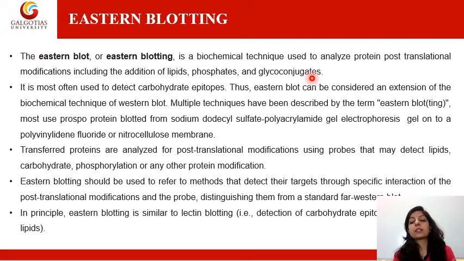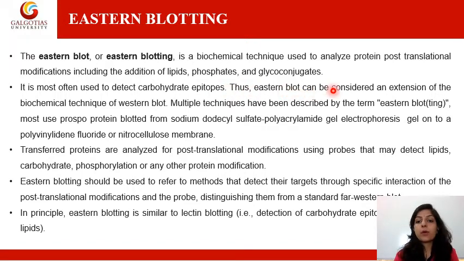The post-translational modifications are those that occur in the protein after translation. To analyze them, we perform the Eastern blotting technique, including the addition of lipids, phosphate and glycoconjugates. It is most often used to detect carbohydrate epitopes.